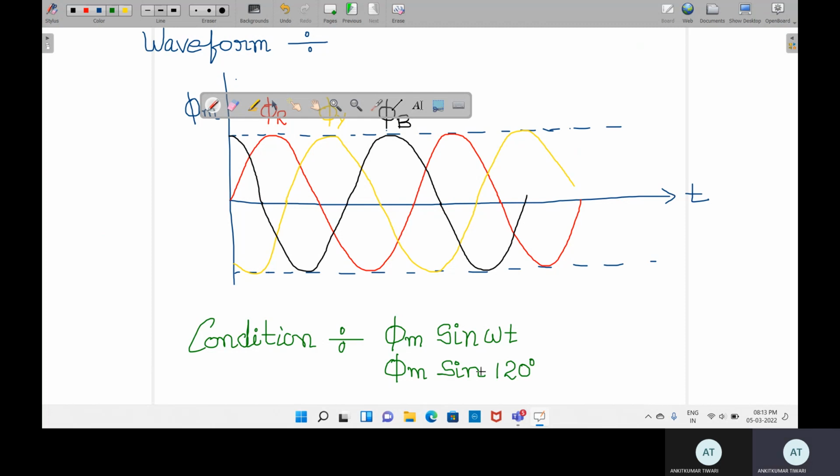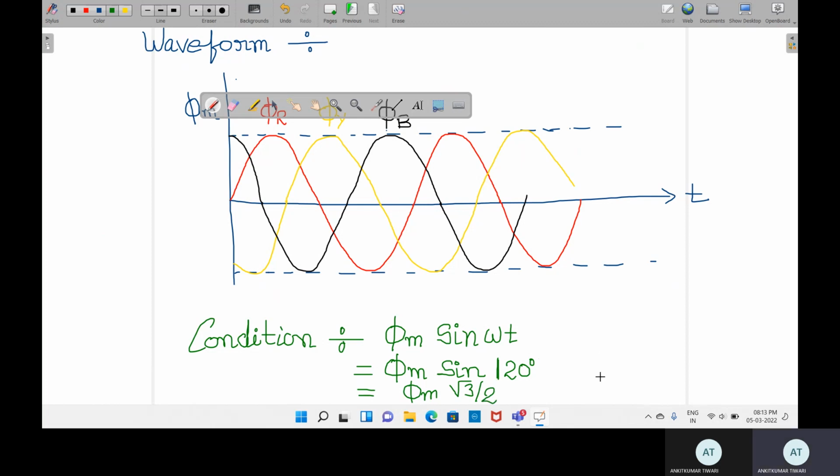Phi m sine 120 degree can be written as phi m under root 3 by 2.